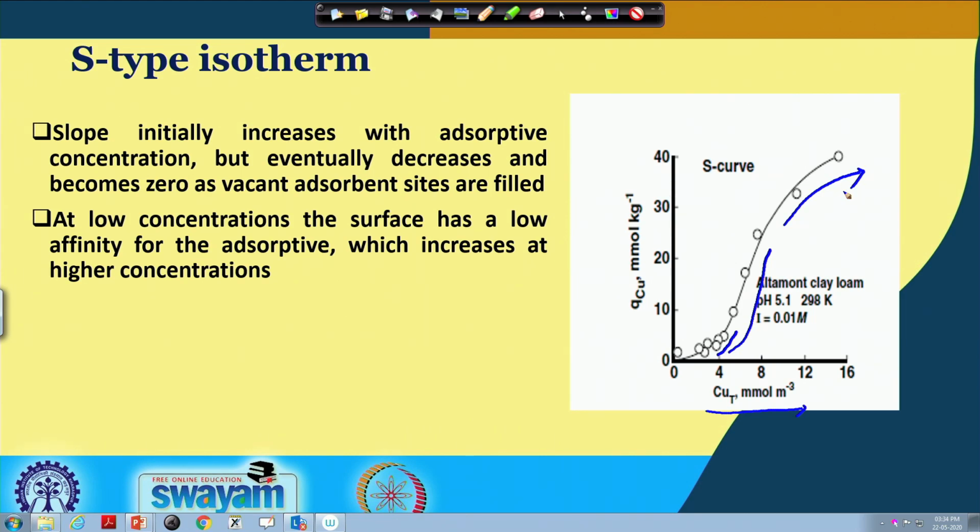At low concentration the surface has a low affinity for the adsorptive, which increases at higher concentration. So, in this area at low concentration, the surface has a low affinity for the species, which increases with higher concentration. As we go on, you can see the steep slope here, so the concentration is getting high. This is called the S type isotherm.